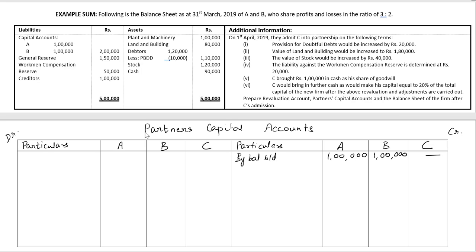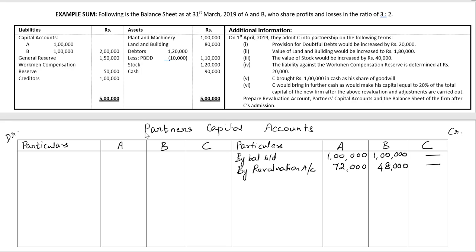Next, we'll transfer the gain on revaluation by revaluation account. As per the revaluation account, it was 72,000 for partner A and 48,000 for partner B. There's a general reserve on the liability side of the balance sheet.